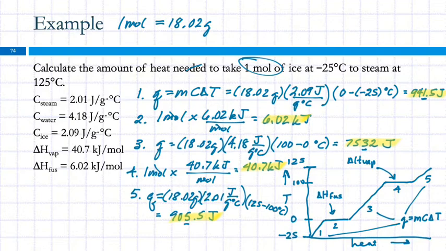If I convert 941.5 joules, I get 0.9415 kilojoules. And this one in the middle, 7,532 joules, is going to be 7.532 kilojoules. And this one is going to be 0.9055 kilojoules.